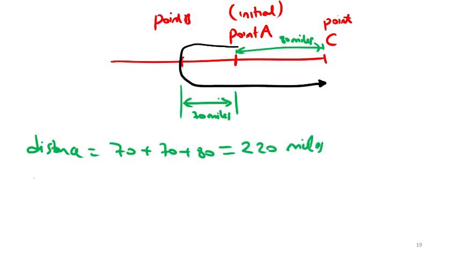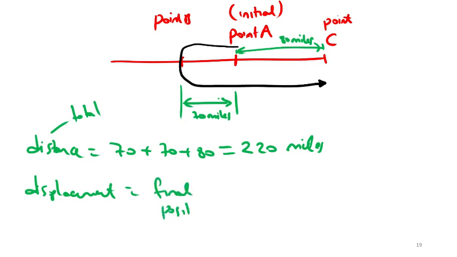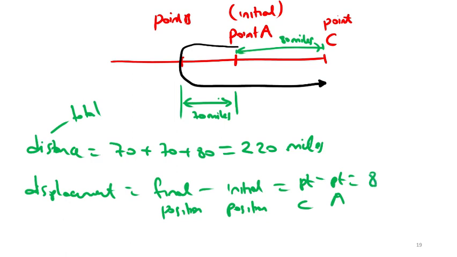This is the distance, and then displacement, this one is total. Displacement is the final position minus the initial position. What is our final position? The point C. And the initial position is the point A. However our object traveled in a path like this, from C to A is 80 miles.